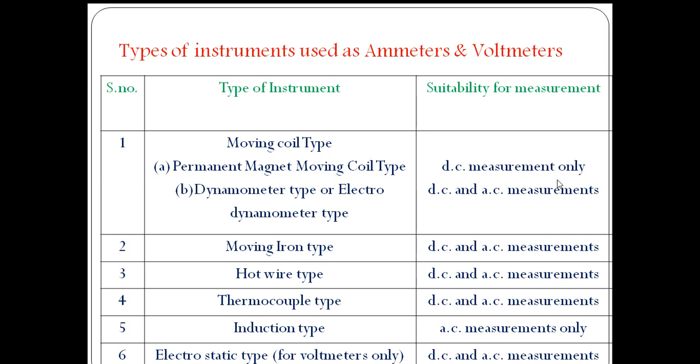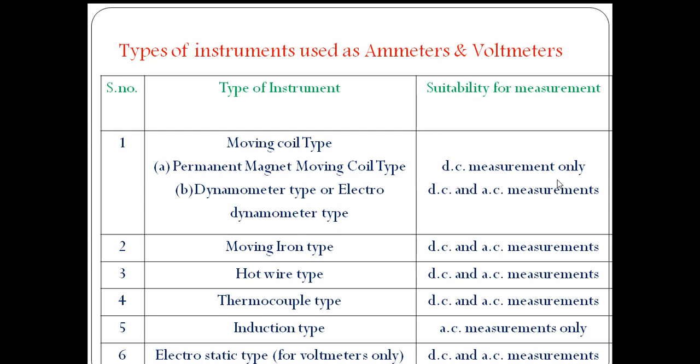This is the tabular representation of different types of meters used as ammeters and voltmeters. In this table, we are going to discuss the different types of meters and whether they are used for DC or AC or both measurement. The first one is moving coil type meters.